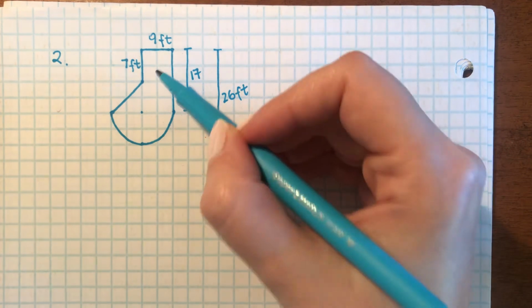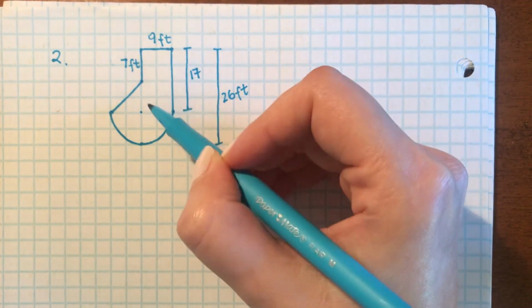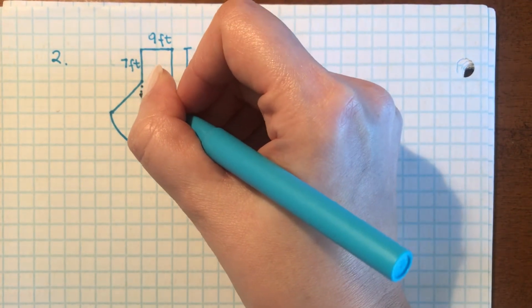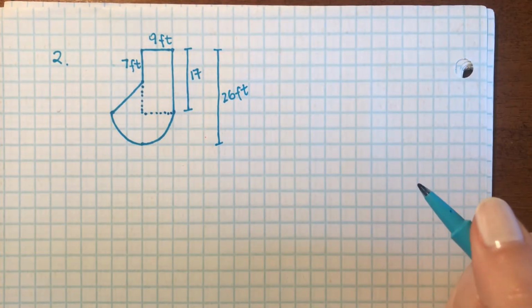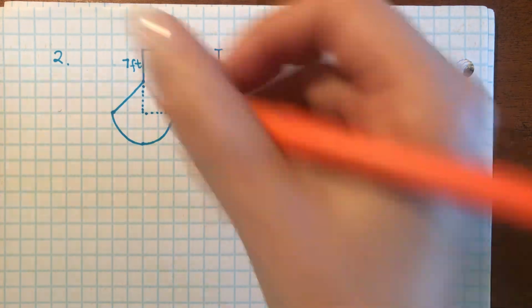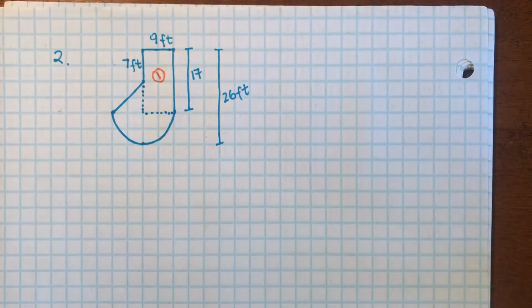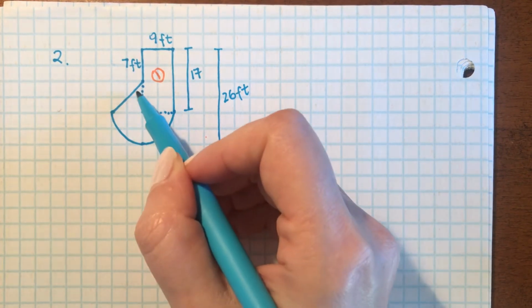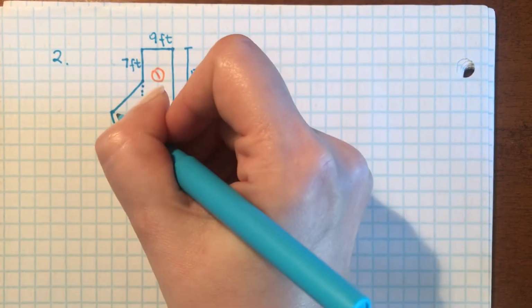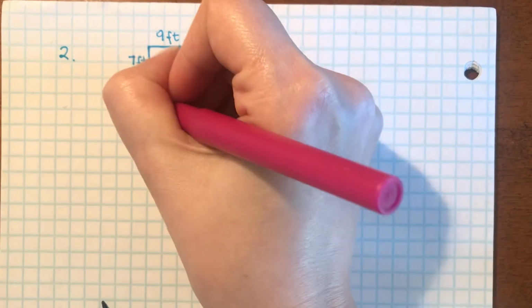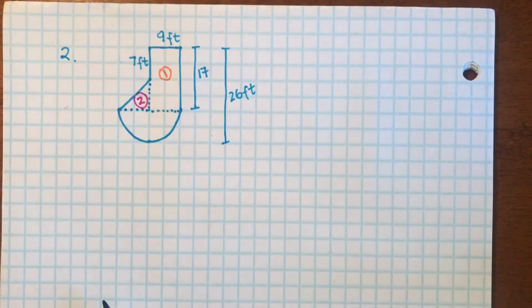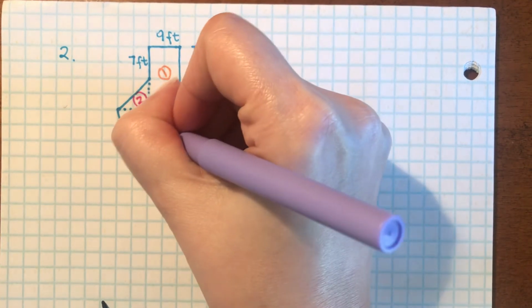For example, I'm starting to see a rectangle here, so I will isolate that region. That's going to be section 1. Then on the left side right here, I see a triangle. That's going to be region 2. And then what's left is a semicircle, and I'm going to call it region 3.